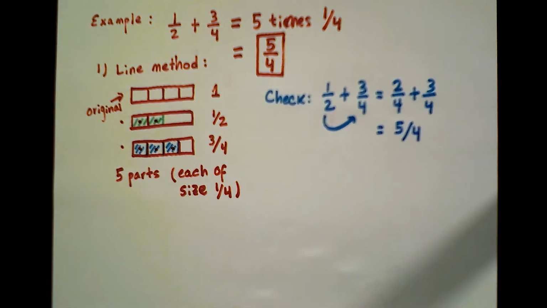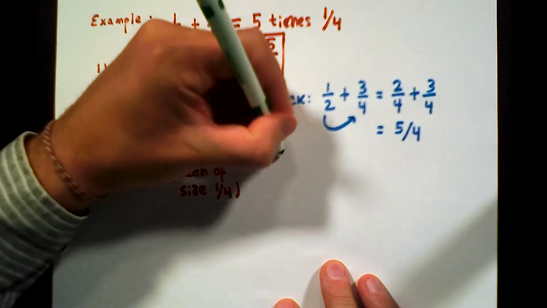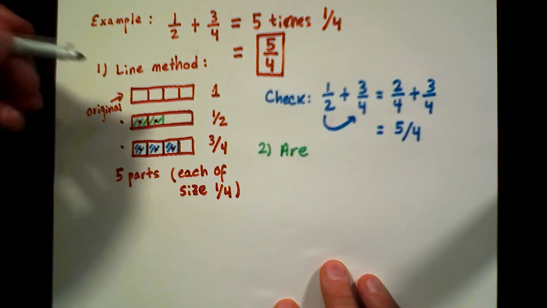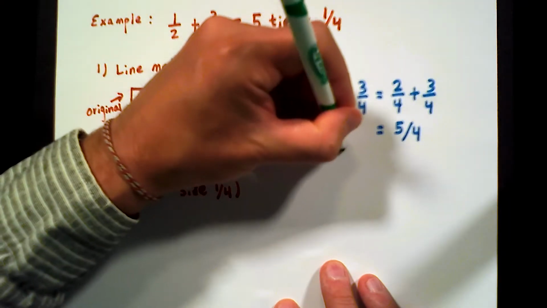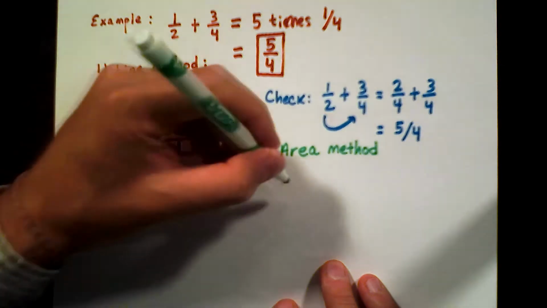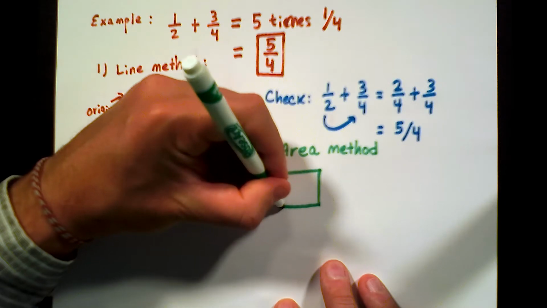Let's illustrate a second method that we would call the area method. In a sense, it's just a two-dimensional application now, or a two-dimensional consideration. The area method would be like this. You would start with a unit, and you would say this is a unit.